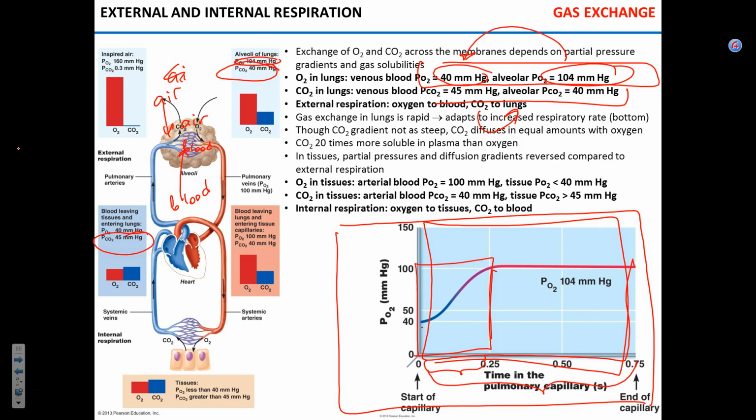Now let's see what happens in tissues. In tissues, the concentration of oxygen in the blood is 100. Concentration of oxygen in the tissues, 40 or less. So in the tissues, where will oxygen go?